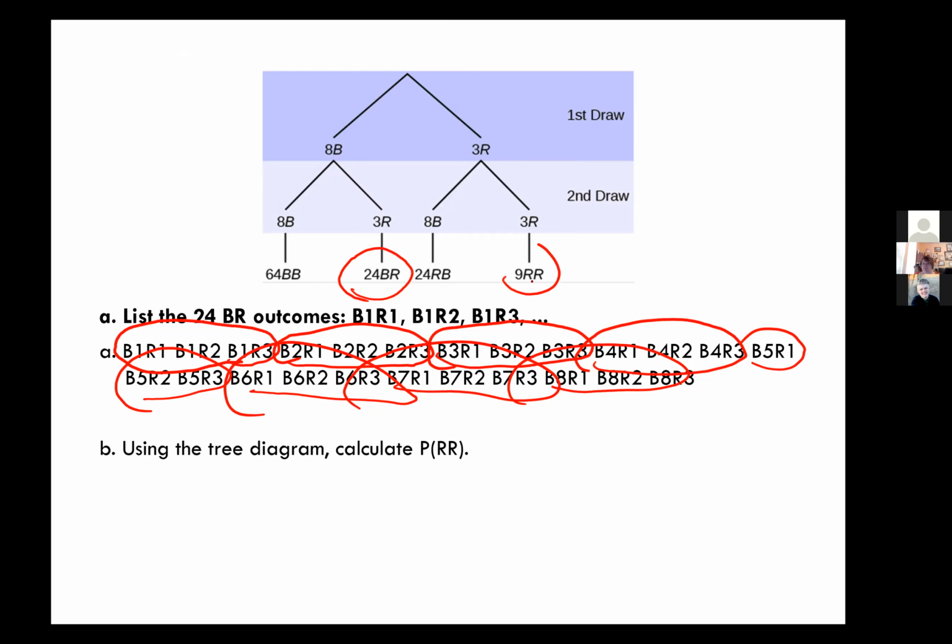Well, there are 9 different outcomes where you get red, red from our tree diagram, out of the total number of outcomes we have in our sample space, which we said was 121. So the probability that we get red, red would be 9 out of 121. 9 outcomes that are both red out of the total number of outcomes, which is 121.